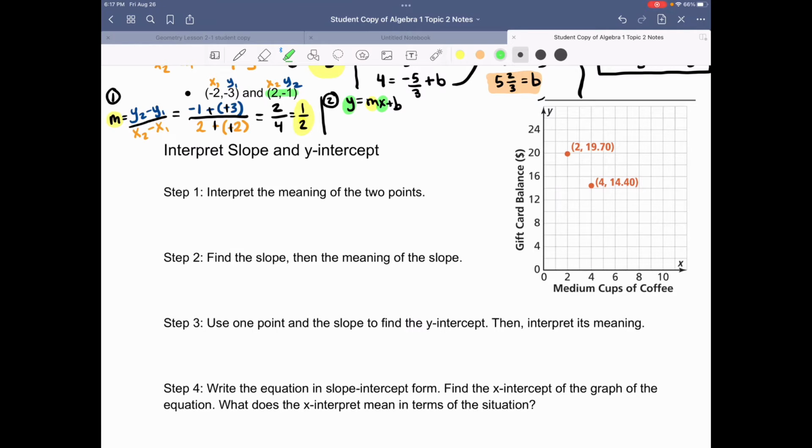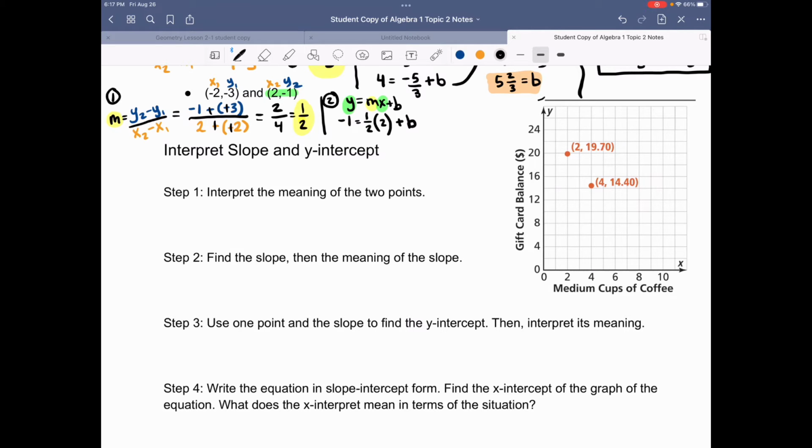All right, we got to plug that stuff in. Y is -1, m is 1/2, x is 2. So I'm putting it in parentheses to show that we're multiplying, and we're going to bring down plus b. Now I just need to simplify that and solve for b.